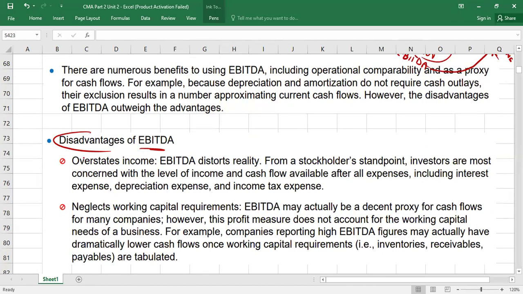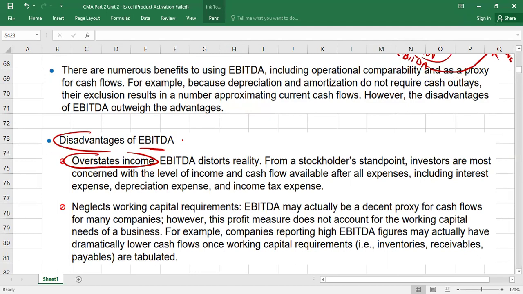The first disadvantage is that it overstates income. Because if you add back depreciation and amortization, actually these are your expenses, right? So they must be covered from your sales value. But if you add them back on the basis that these are non-cash items, it means you are trying to overstate your income. And if you overstate your income, obviously it will distort reality, right or wrong?